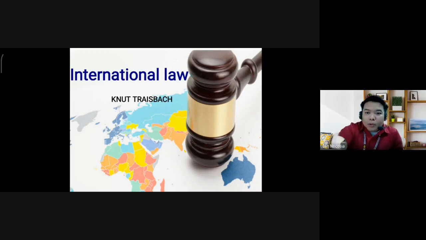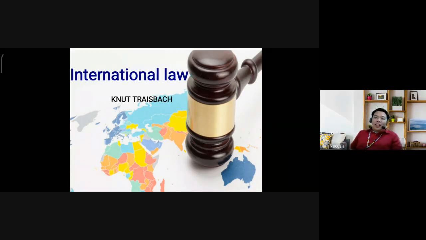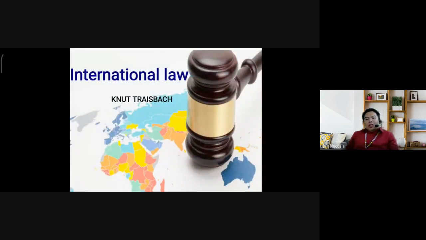When we talk of domestic law, these are the laws of our country. Maybe the highest form of our law is of course the Constitution, that is considered a domestic law, and then our criminal law, our civil procedure, our criminal procedure. That is an example of a domestic law.